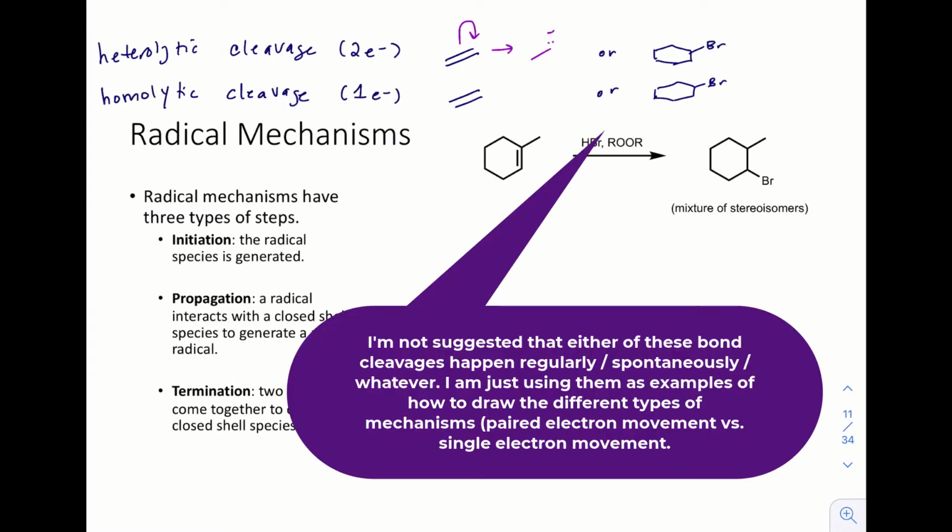Heterolytic cleavage of this pi bond. Truly, I've just drawn two resonance structures, but that's okay. For homolytic cleavage of the pi bond, one electron moves to one carbon, the other electron moves to the other carbon, shown by those single barbed arrows, and voila, there we go, a diradical.